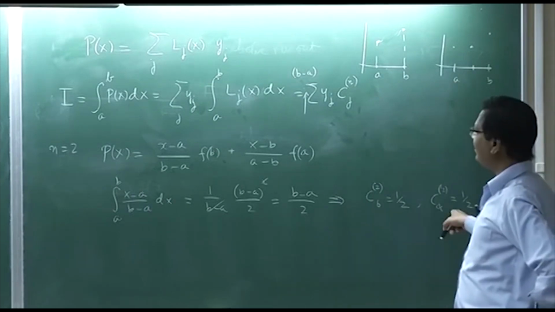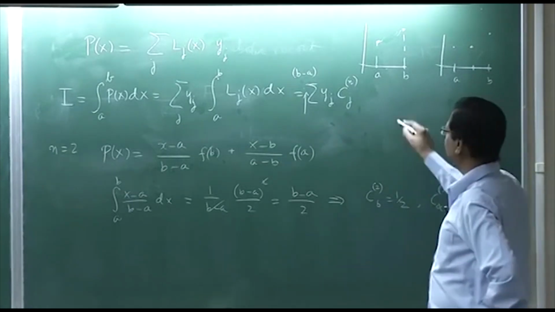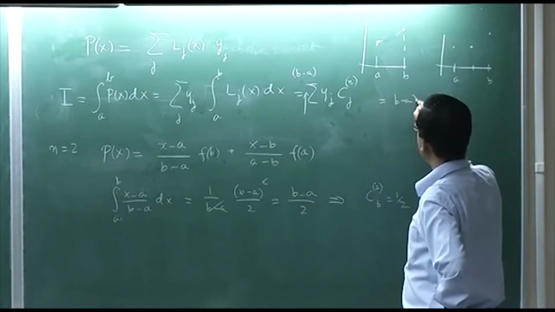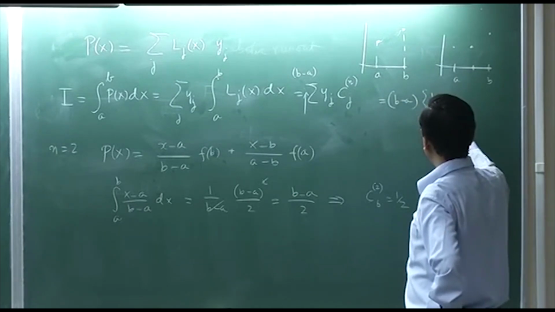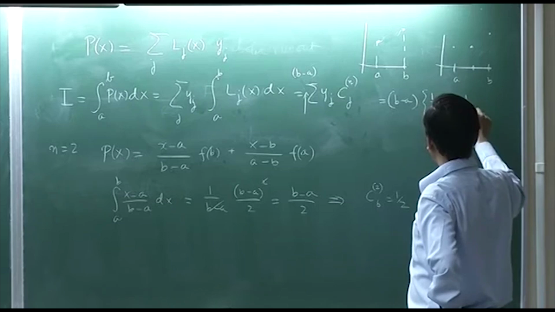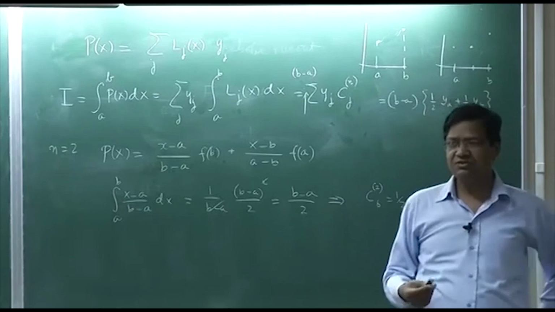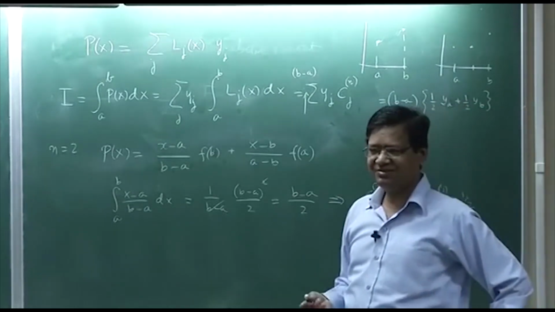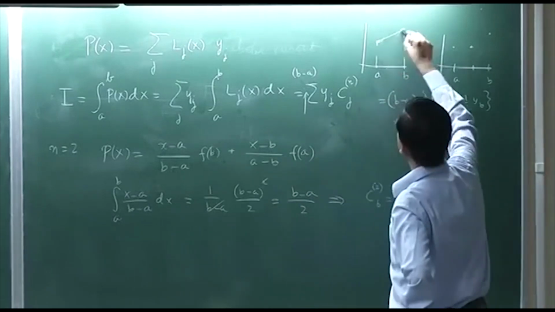So what is the integral formula for n equal to 2? It is b minus a, half y a plus half y b. Okay, what is this called? You might have heard this. This is the trapezoid rule. In fact, this is the area.